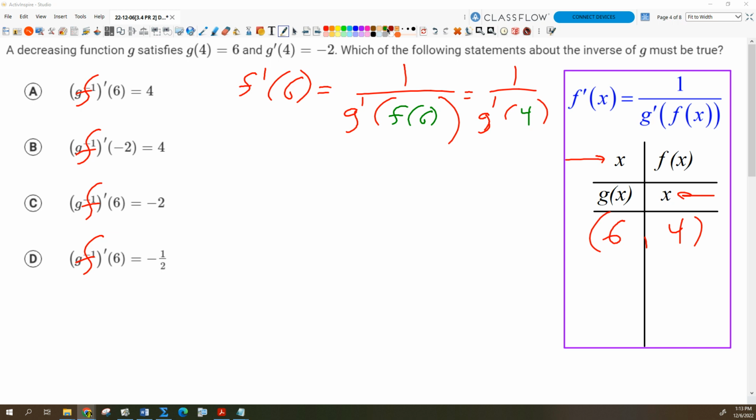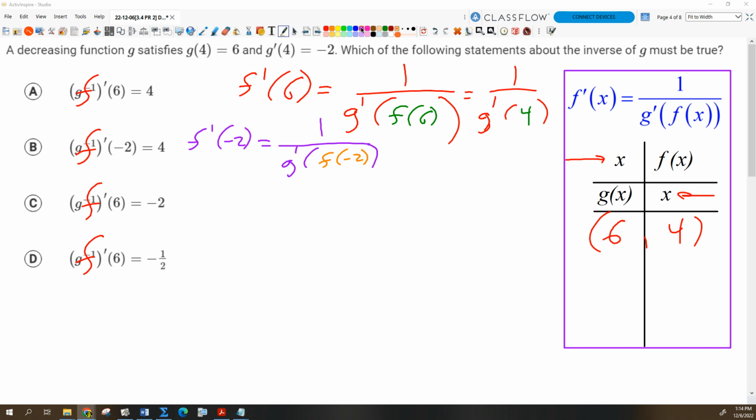This one would imply that F prime of -2 would equal 1 over G prime of F of -2, right?